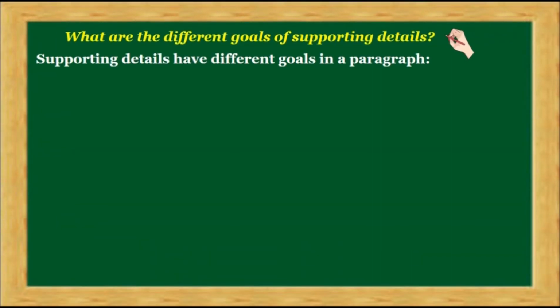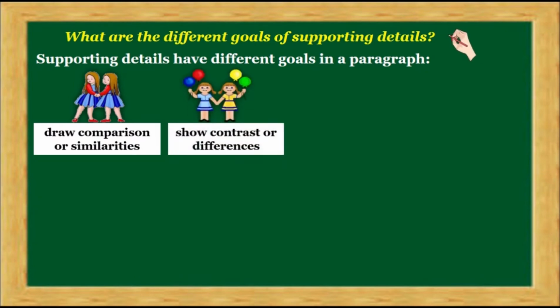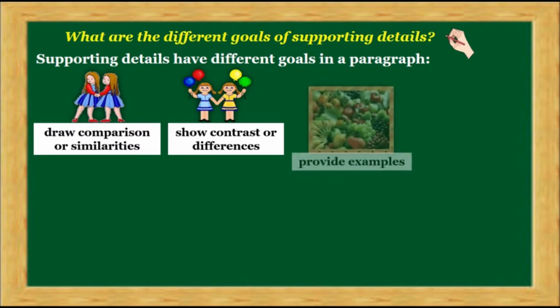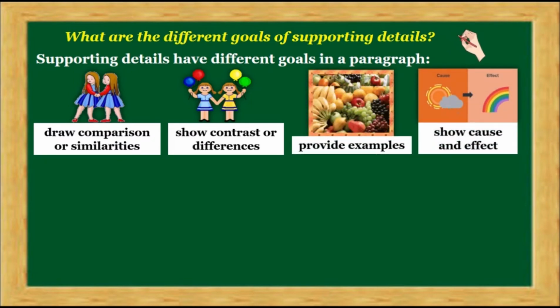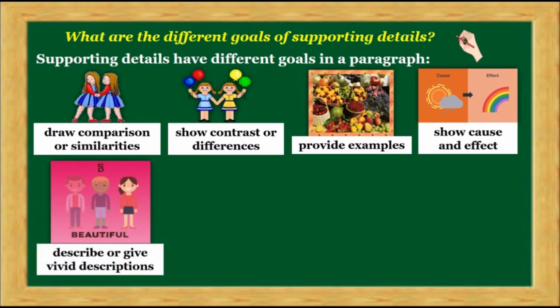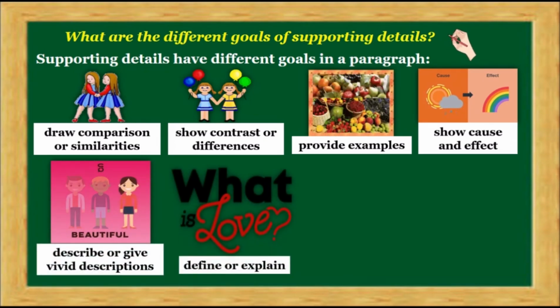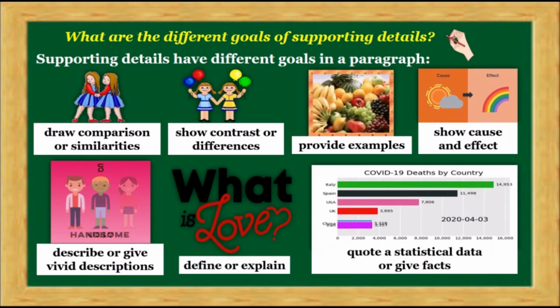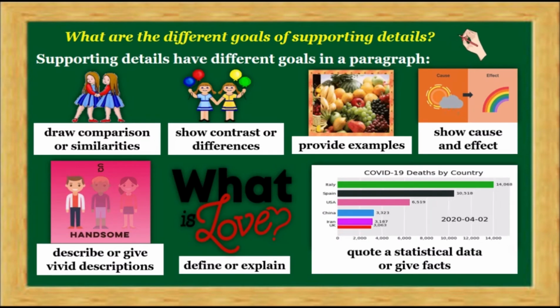Supporting details have different goals in a paragraph. They are used to draw comparison or similarities, show contrast or differences, provide examples, show cause and effect, describe or give vivid descriptions, define or explain, or quote statistical data or give facts.